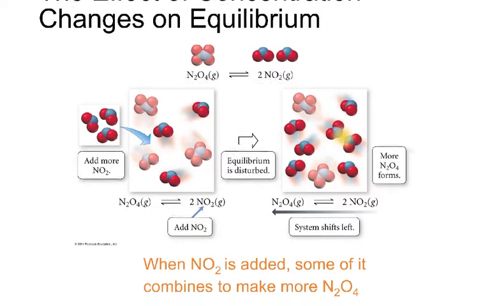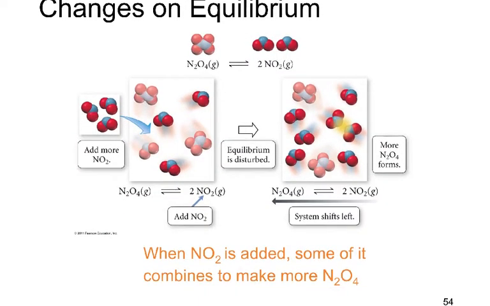Here we can see that if we add some products, in this case nitrogen dioxide, we're going to disturb our equilibrium, and we're going to shift to make more of the reactants, and that will reestablish the equilibrium.